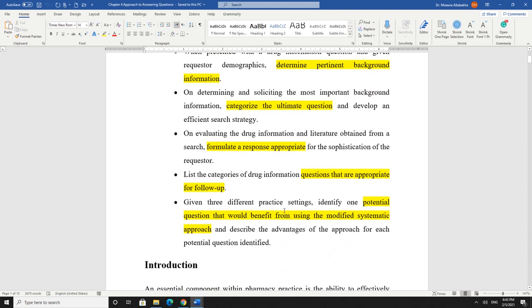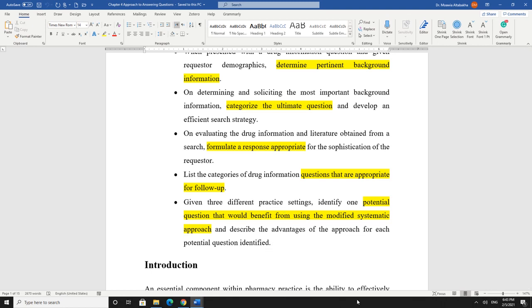Also, you need to determine what type of questions warrant follow-up. For example, let's say you responded to a question and maybe after a couple of days you contact the same requester and follow up with him to see if everything is going well.